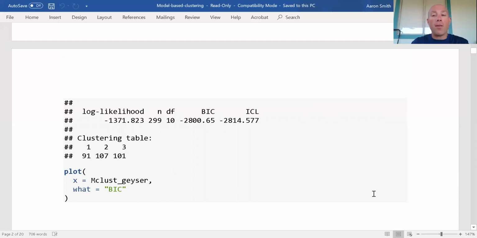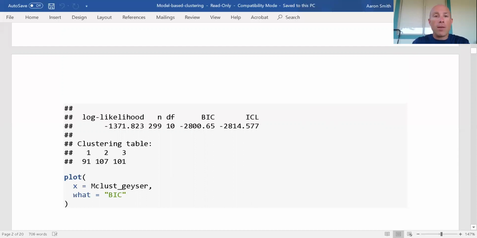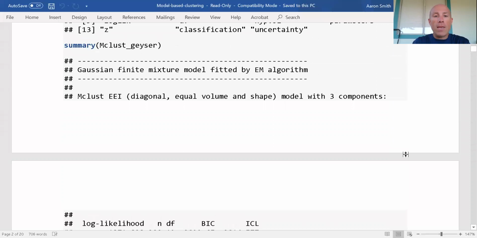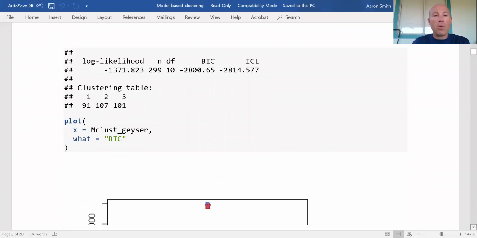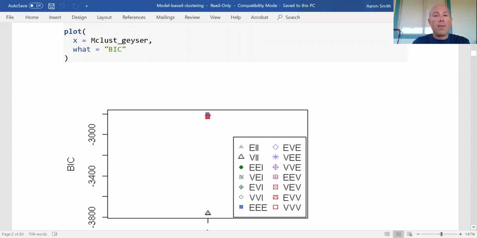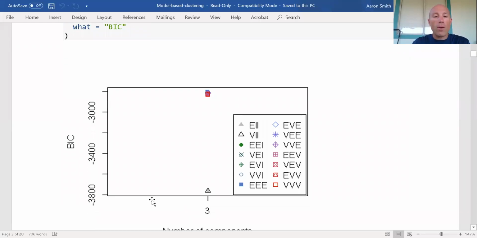All right, let's take a look at this, see if this seems reasonable. Remember, it said EEI is the best fitting distribution. Let's take a plot. It's going to plot the BIC for each of these. If I had tried a whole bunch of different numbers of clusters, then it would have a bunch of line plots for the number of clusters.